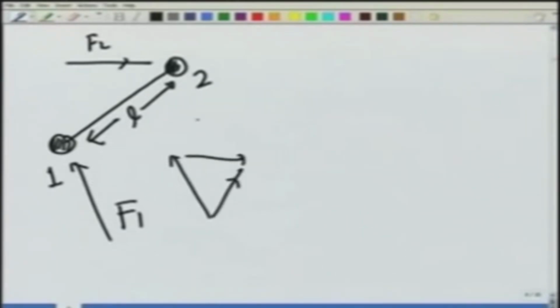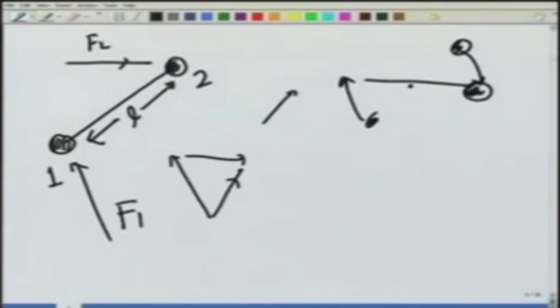So the center of mass of this body would move in this direction. So center of mass would move, but the body could itself change orientation. It could be in this orientation.